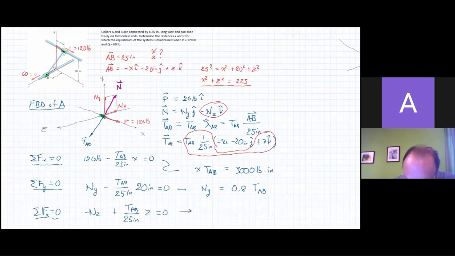So from here we get 25 inches NZ equals z TAB. All right. So we have another good equation right there. It's z.